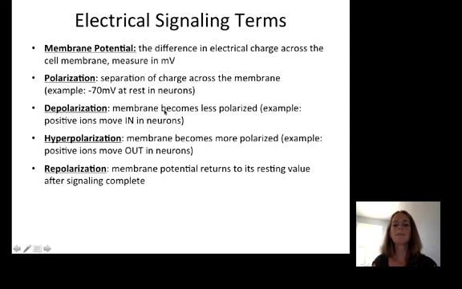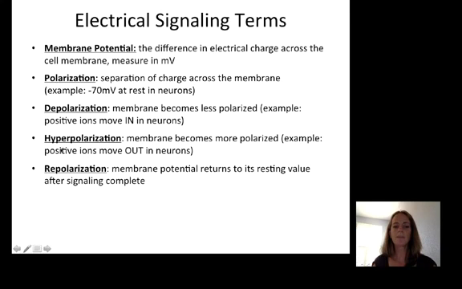If a membrane becomes less polarized or goes closer to zero or more positive, it becomes depolarization. This is usually when positive ions move inside the cell. If a membrane becomes more polarized or further negative from its resting value, then this is called hyperpolarization.